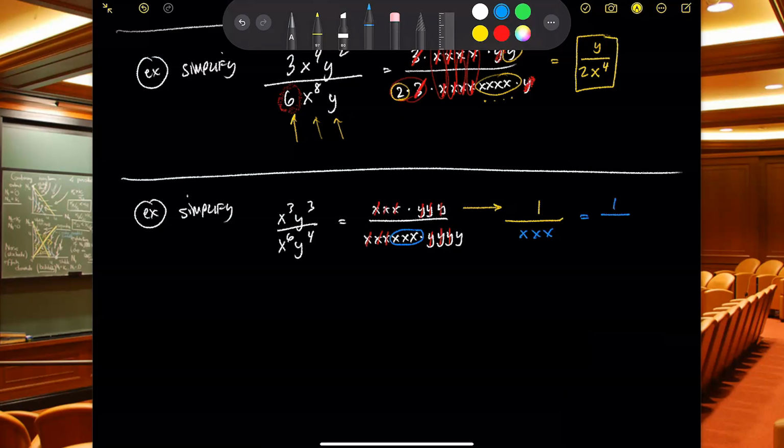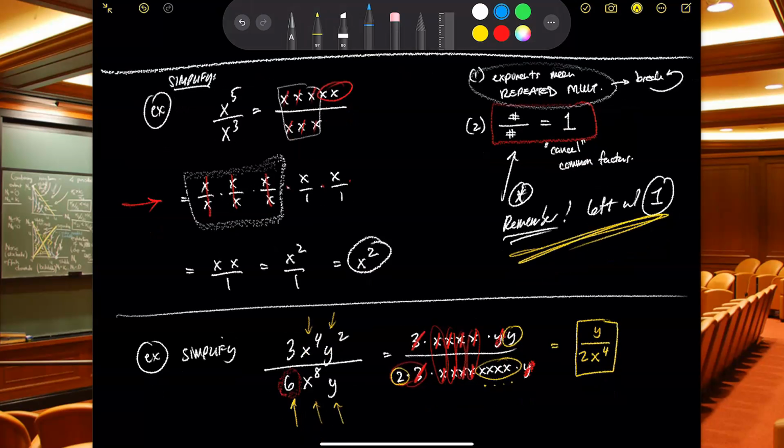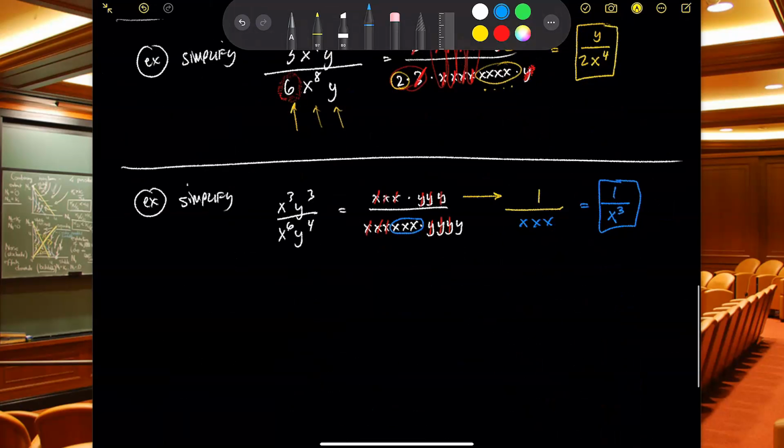So this is really all 1 over x cubed. Okay. So if you cancel everything from the top or the bottom, and this also happened in our first example, right? Everything canceled from the bottom, so you're really left with 1. So you're not left with 0.